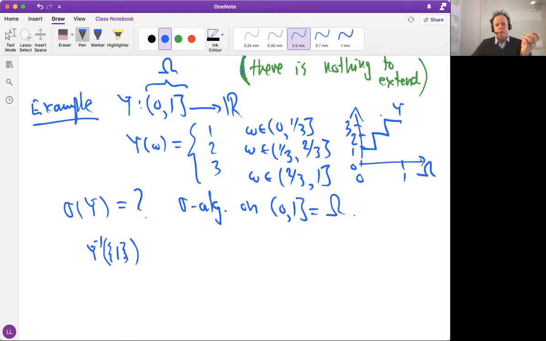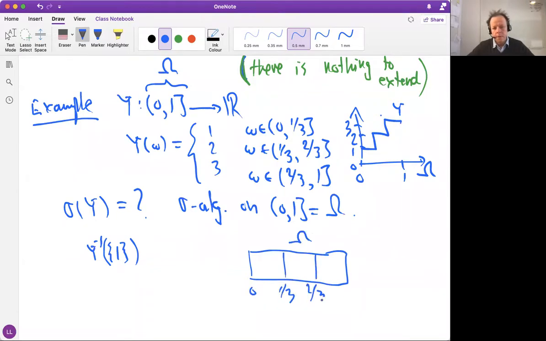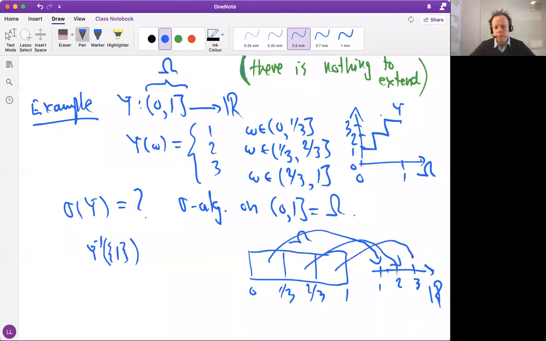Maybe another picture is good to have. So let me draw omega in this form. This is 0, 1/3, 2/3, 1, and then this is the real line, having here 1, 2, and 3. And then we know that Y maps these members there, these members to the number 2, and these members to the number 3.